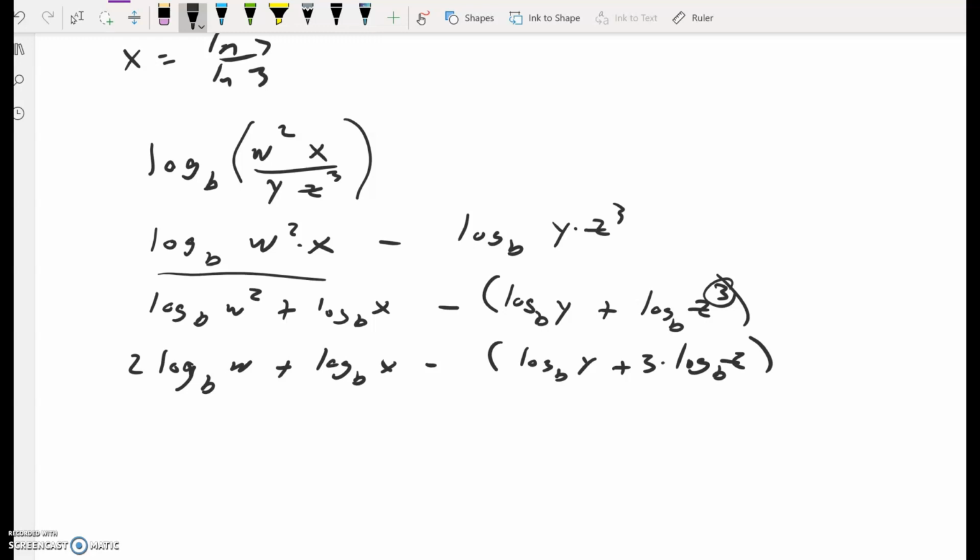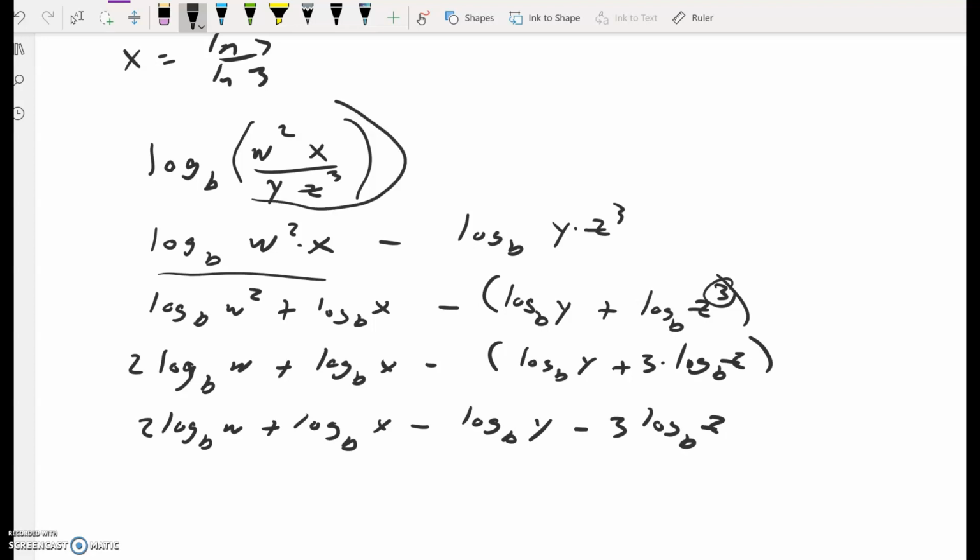Some teachers would like you to distribute and get rid of the parentheses, and if you did that, you would get this. And so we had one nice compact logarithm of this ugly complicated fraction, and now we've written it as sums and differences of these single logarithm values, logarithms of single things like w, x, y, and z. That's one direction.